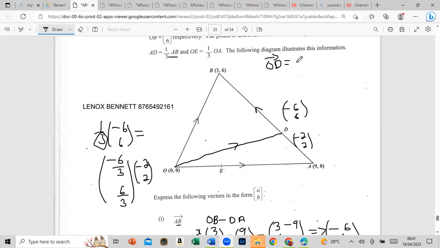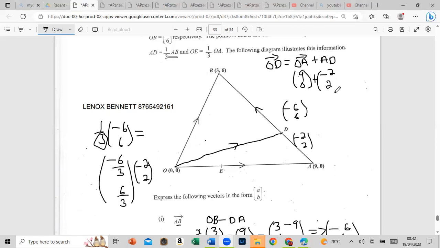It's going to be OA, so we go from O to A. Remember, the direction matters now, guys. Plus AD. Both of them we are going with the arrow. From O to A, that's (9, 0). So it's positive if we're going with the arrow. If we're not going with the arrow, then it's negative. Plus (negative 2, 2).